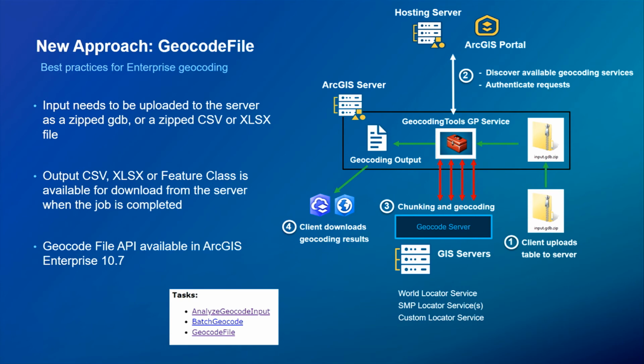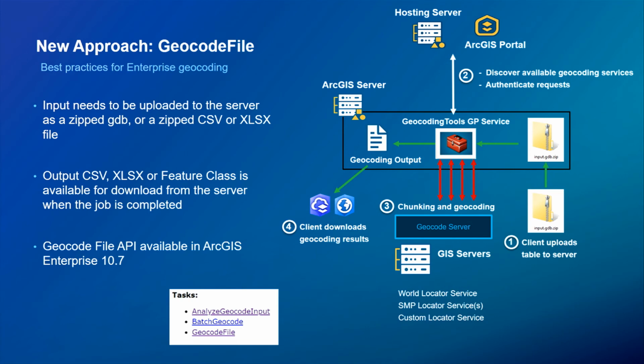So you might ask, Victor, why are we using zip files? The reason we're using zip files is because it's the fastest way to do an FTP transfer from your machine to a server. So it's the client's responsibility to grab your table, zip it up, and upload it to the server, and then the geocoding tool's GP service takes care of chunking, geocoding, retry logic, authenticates the request, gets the job done as fast as possible, and makes the geocode output available for you to use.